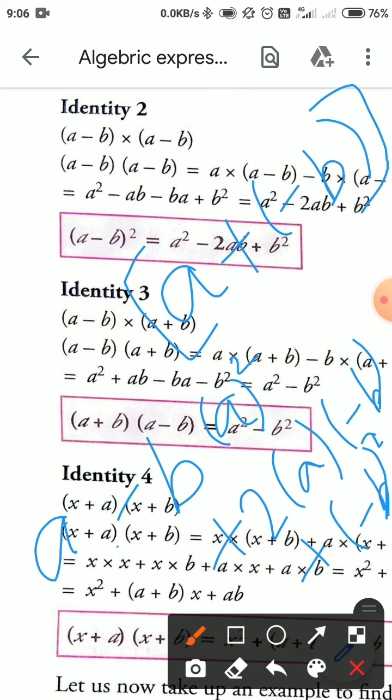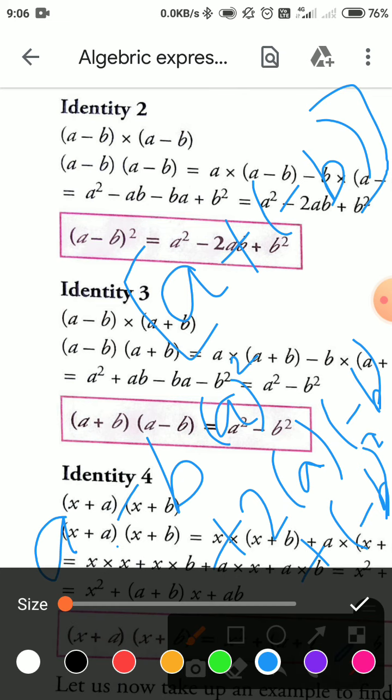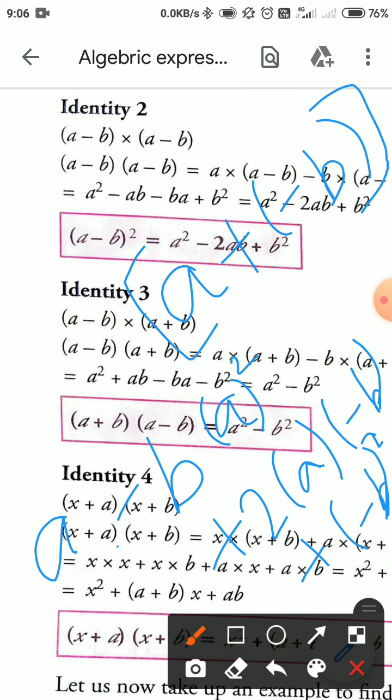Now if you simplify this, this a square will be as it is a square, 2 into a into minus b will be minus 2ab, and this minus b square will be equal to plus b square.